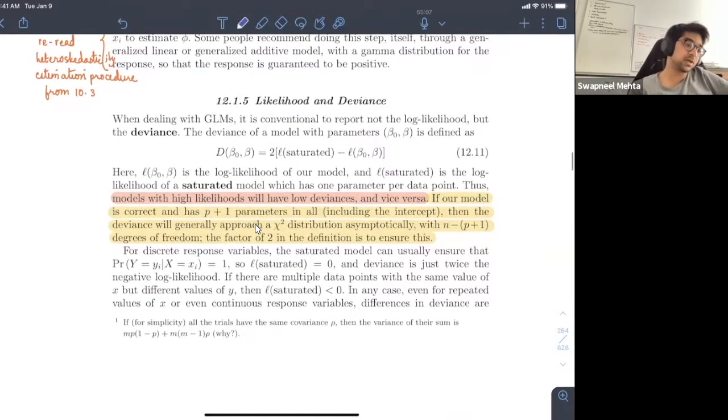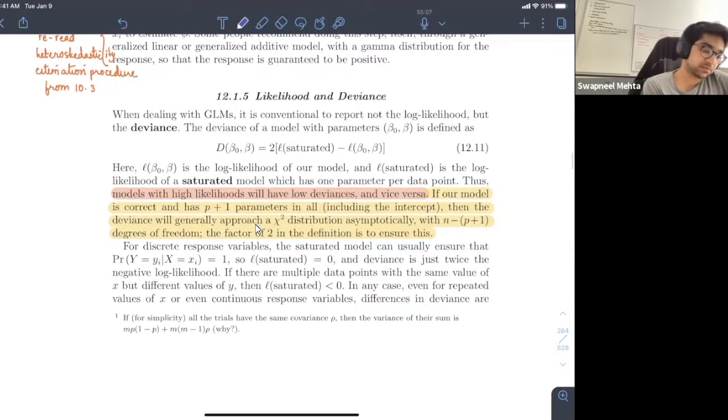This part was a bit hard to follow, at least for me. I think what he's trying to get at is that for every class of models that you consider, there will be a saturated model.